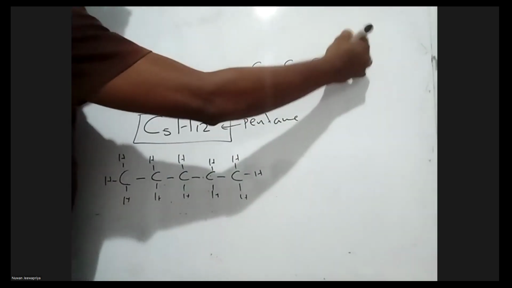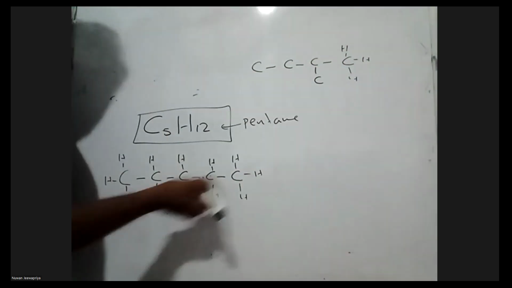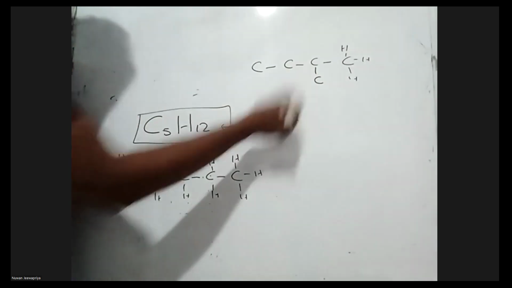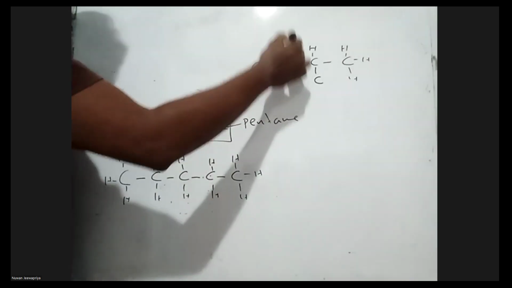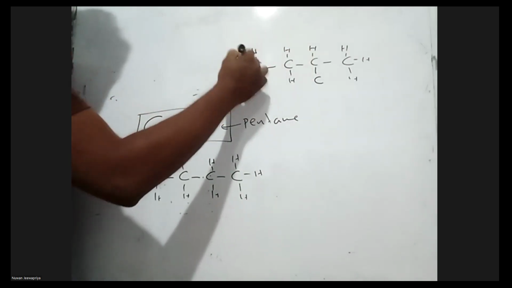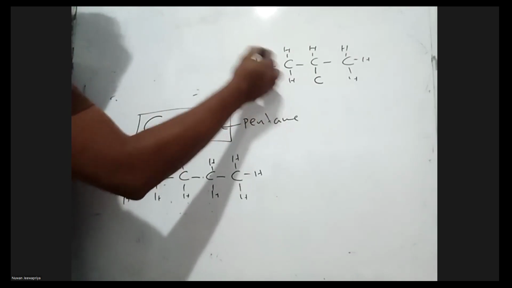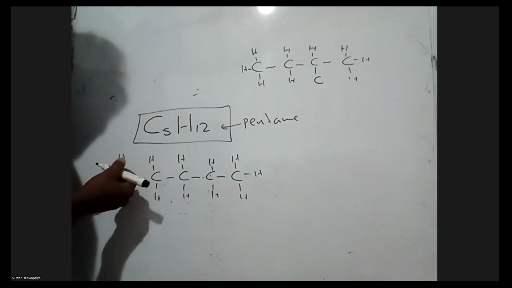Now you can see that this carbon has 4 bonds. This one already has 3 bonds, so there is only one vacancy for a hydrogen. In this way, each carbon has 4 bonds. So this is another isomer of pentane.